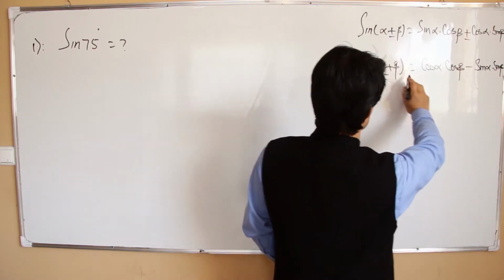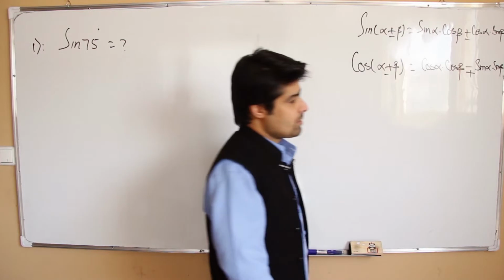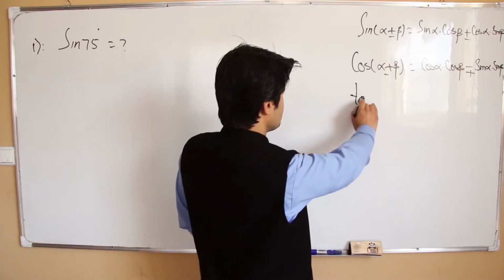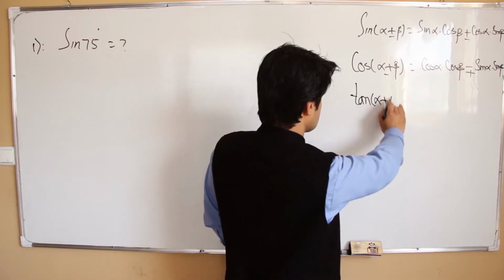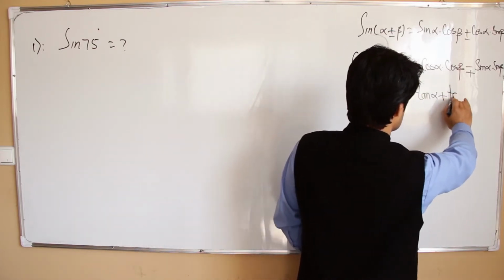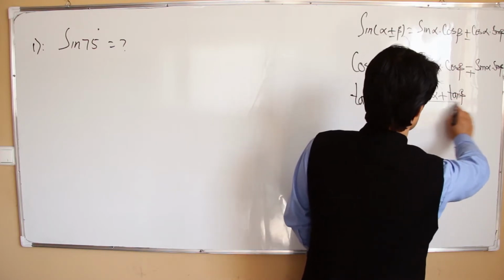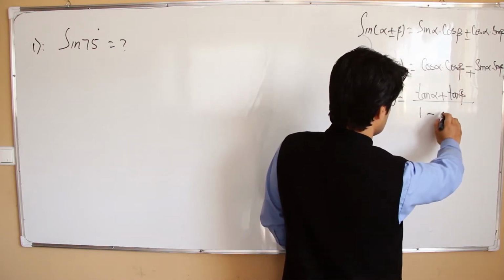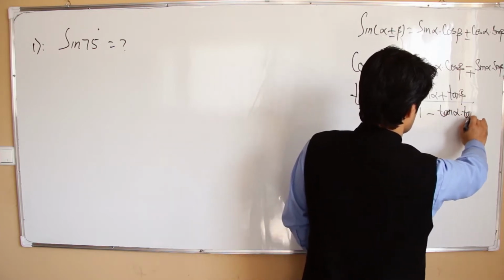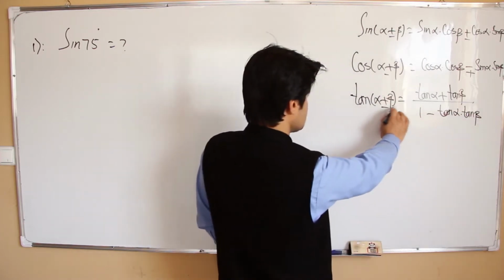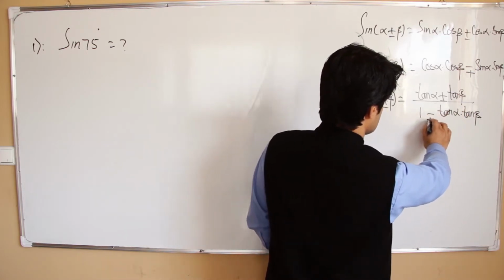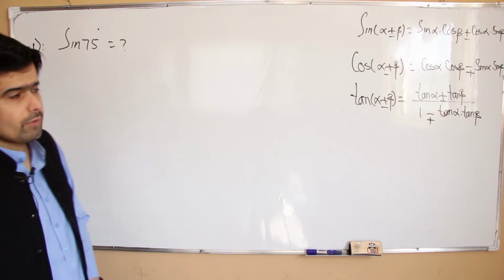If this one is negative, this is positive. Am I right or not? Yes. And also we have proved tangent alpha plus beta, which is tangent alpha plus tangent beta divided by 1 minus tangent alpha times tangent beta. If this is negative, our numerator is negative and denominator is positive. I think we have proved.